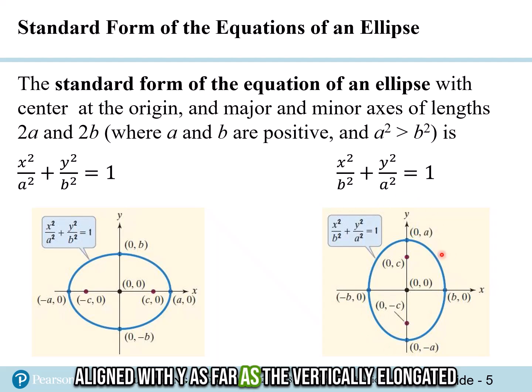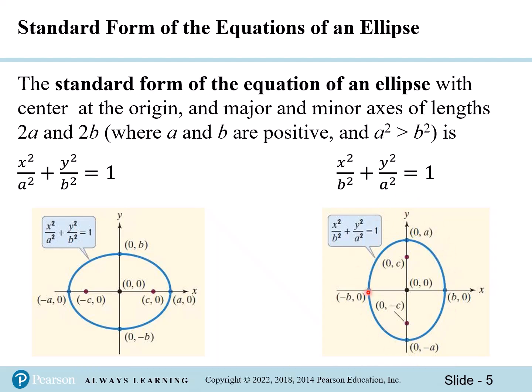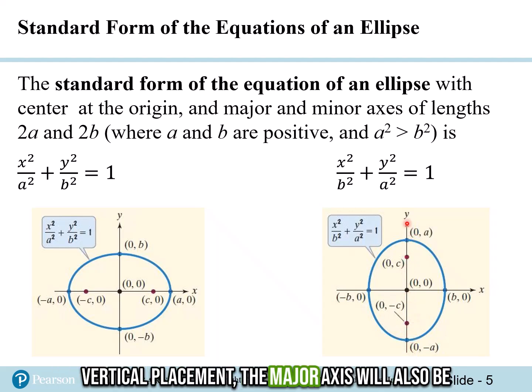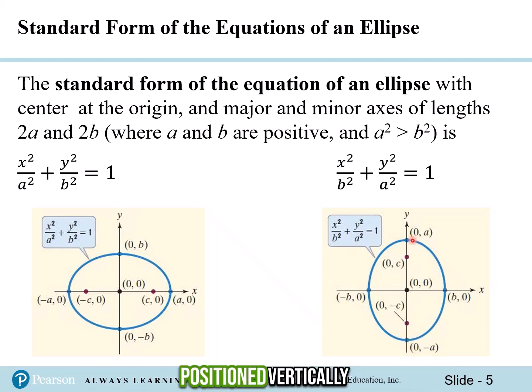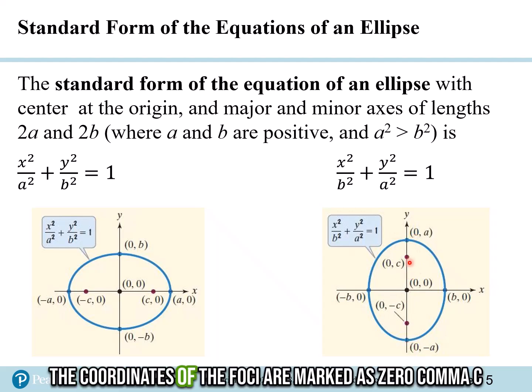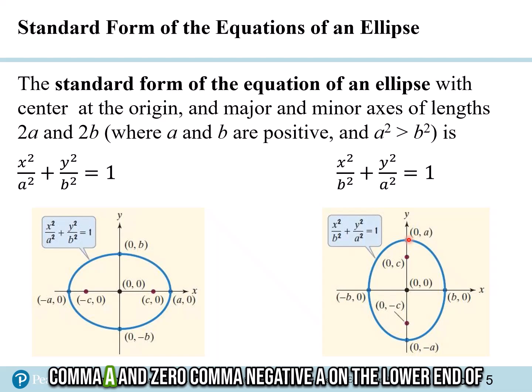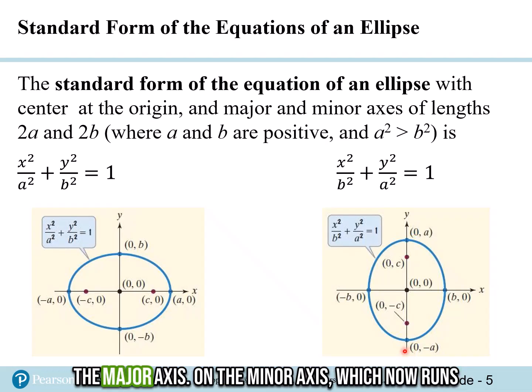As far as the vertically elongated ellipse is concerned, again, foci will always be along the major axis, and in a vertical placement, the major axis will also be positioned vertically. The coordinates of the foci are marked as 0, c and 0, -c, and the vertices are 0, a and 0, -a on the lower end of the major axis.